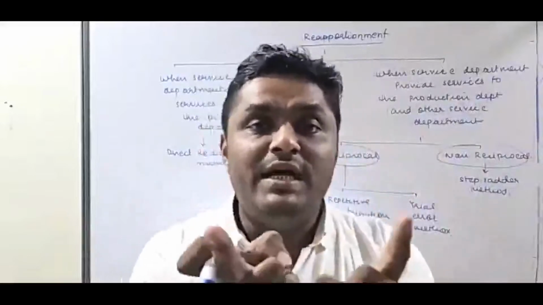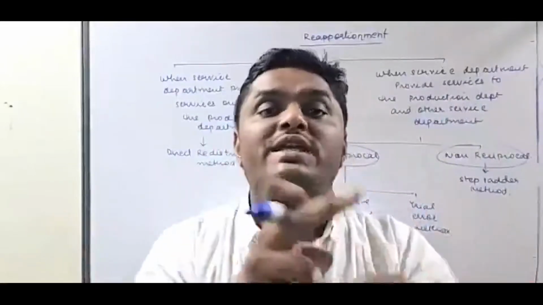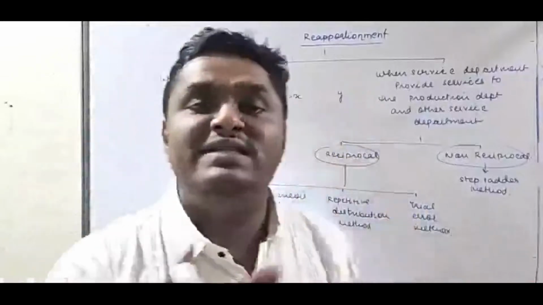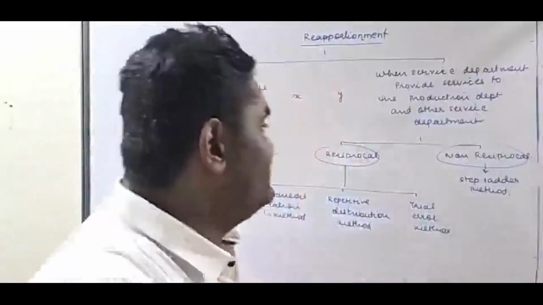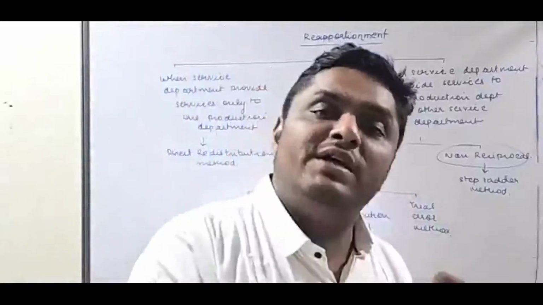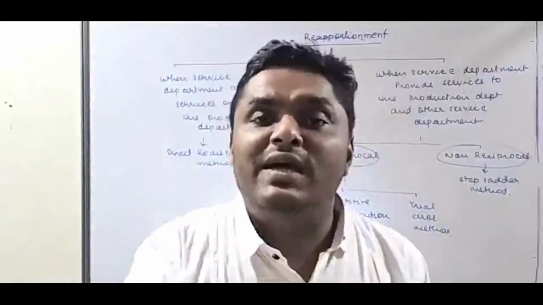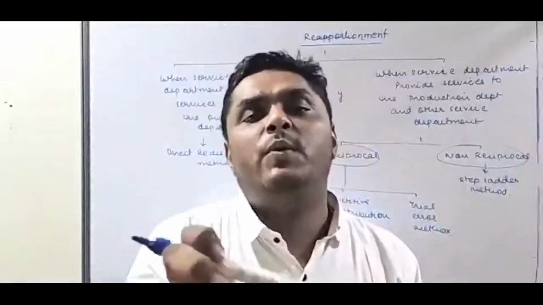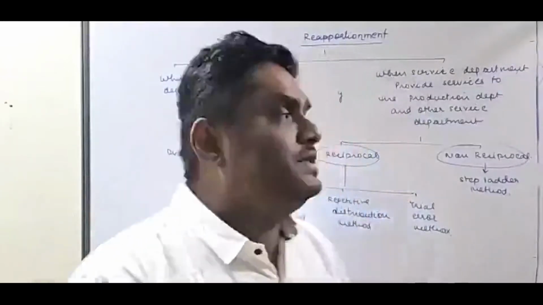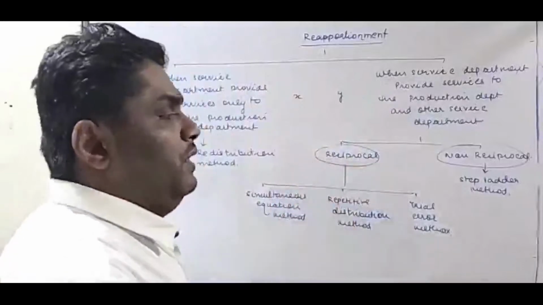So in short, when the service departments provide services to each other, X is providing to Y and Y in return is also providing to X, it is what we call reciprocal.